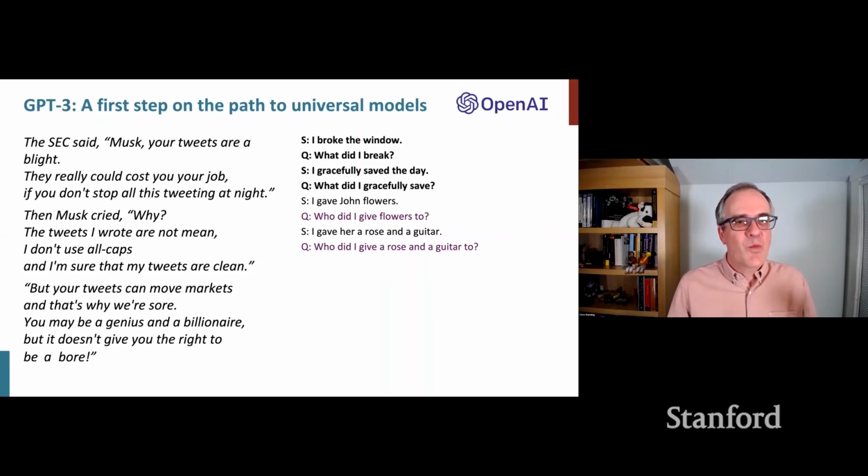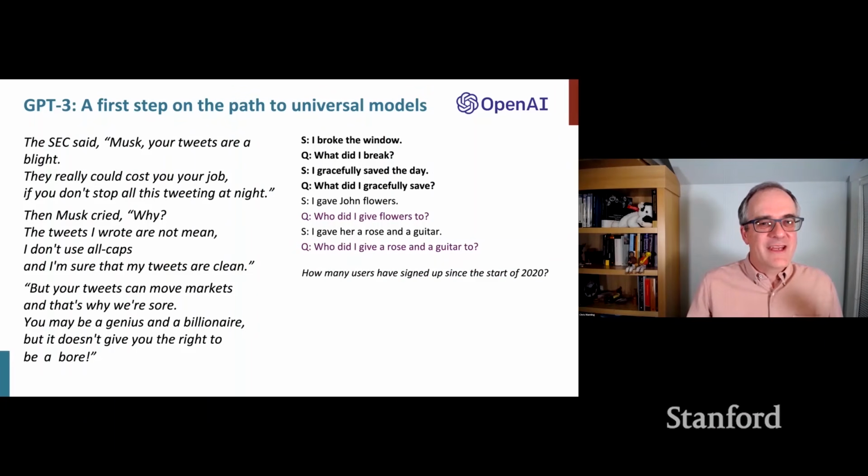And actually, this one model can then do an amazing range of things, including many that are quite surprising. To give just one example of that, another thing that you can do is get it to translate human language sentences into SQL. So this can make it much easier to do CS224N.